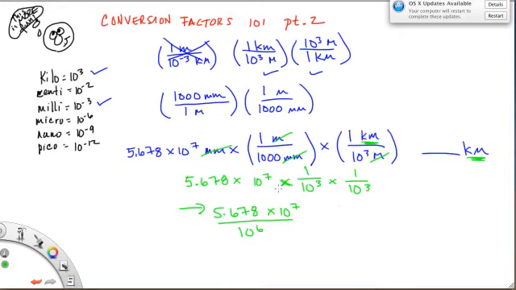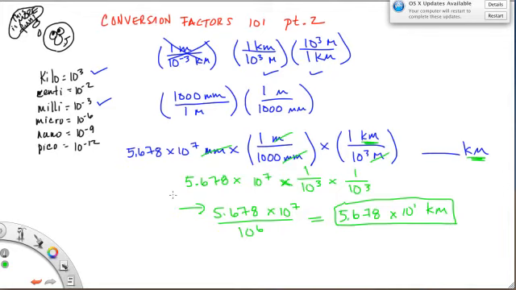Remember, when we multiply by 1 over something, it's the same as dividing, and when we multiply exponents, we add them. Now we have a division problem, and again, we subtract exponents. So I end up with 5.678 times 10 to the first kilometers.